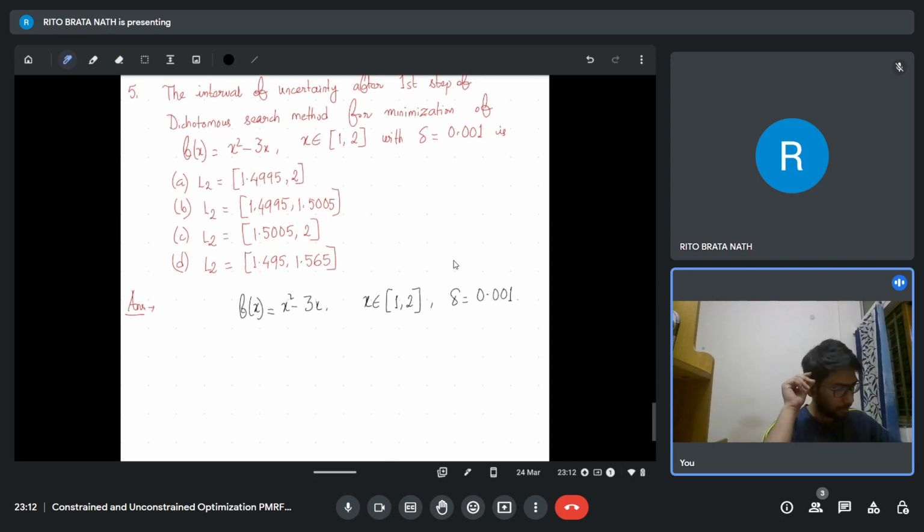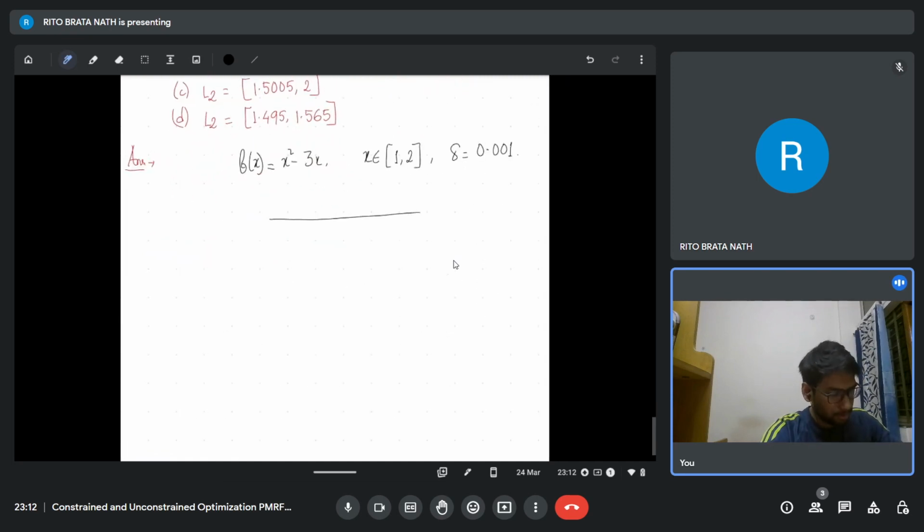In the dichotomous search method, what is typically done is, suppose this is 1, this is 2, this is 1.5, and now we'll be picking x1 and x2 like this. So a equals 1, b equals 2. L naught initially is 2 minus 1, which equals 1.